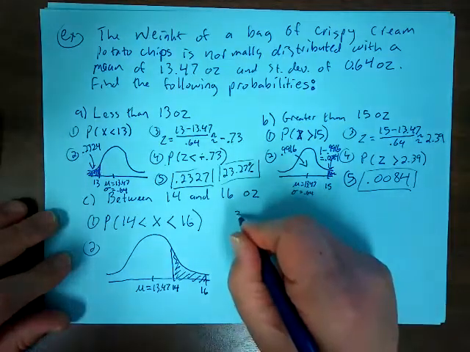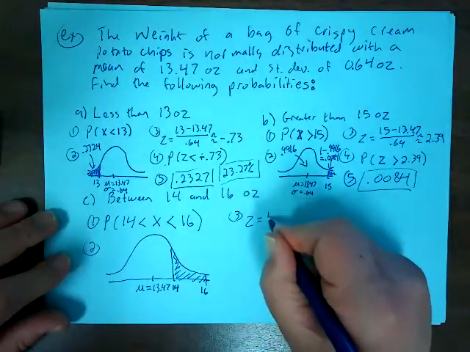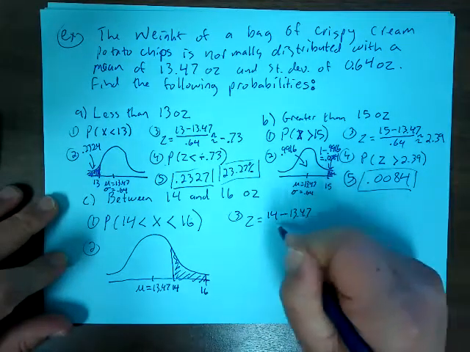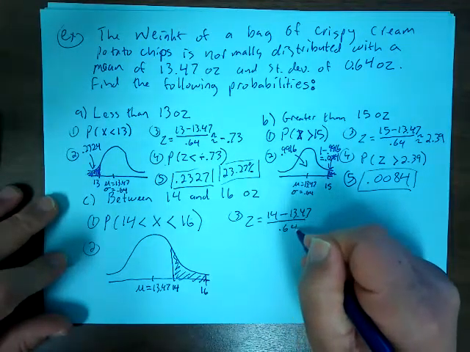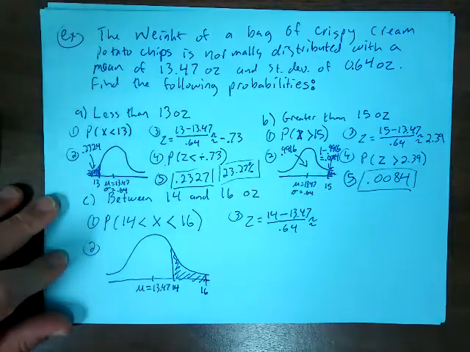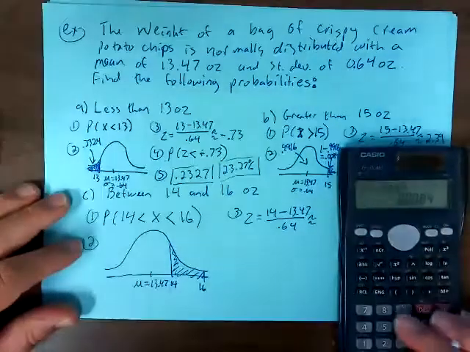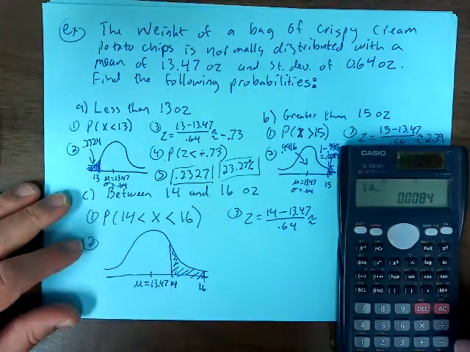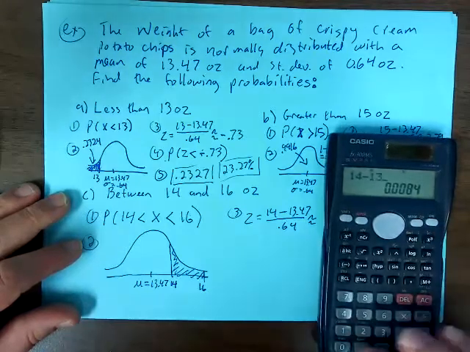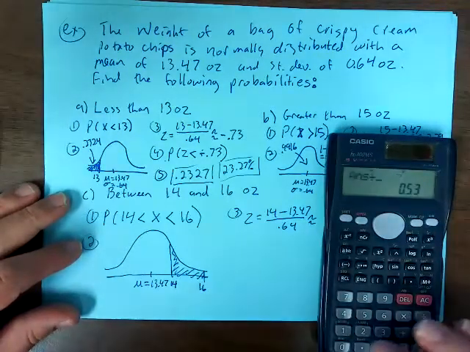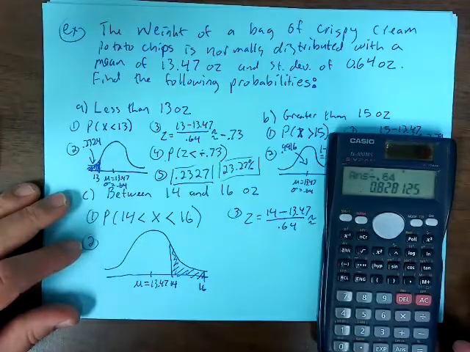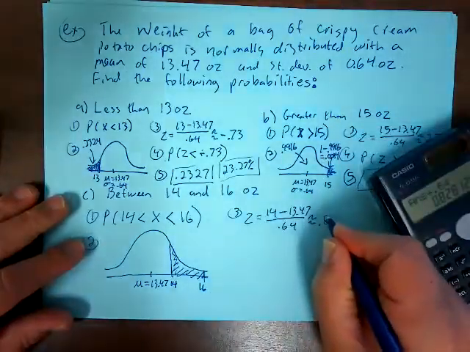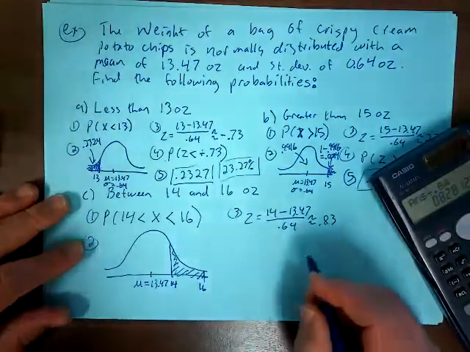I want to find the area between these two. They're both above the mean. So now what I need to do is find the z-score for each one. 14 minus 13.47 divided by 0.64, I get positive 0.83.